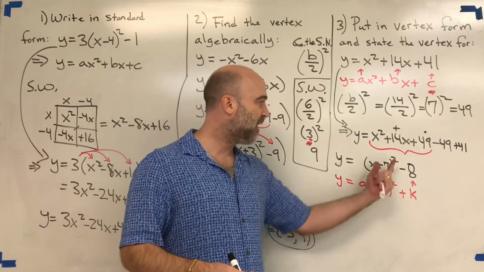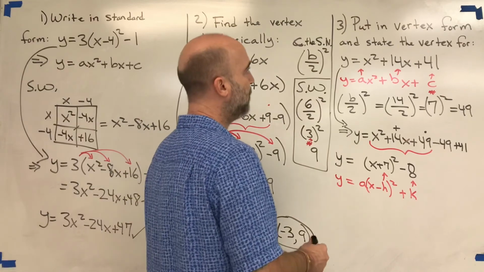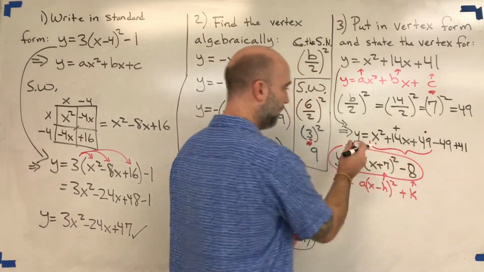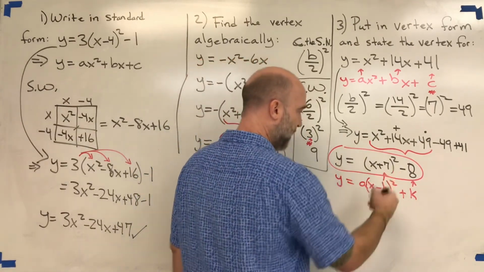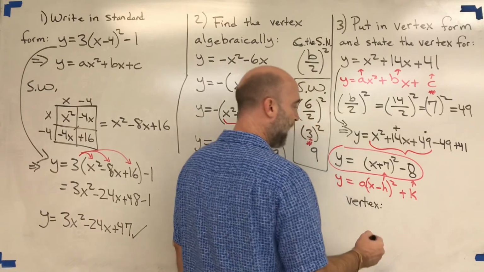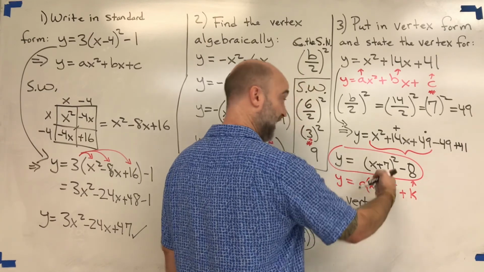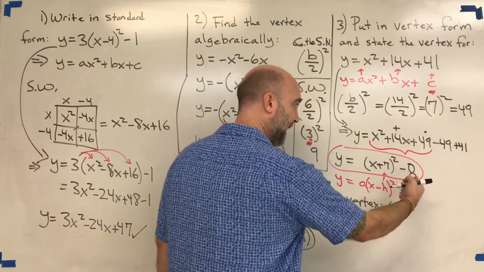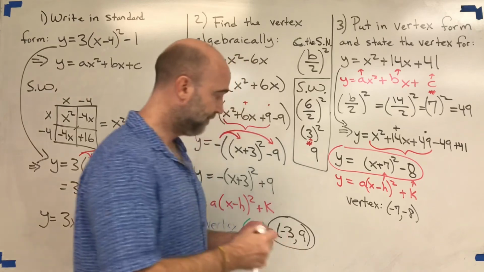So it's easier to plug things in and you're less likely to make mistakes if you have that form. So put in vertex form. There's the vertex form. And then state the vertex. So the vertex is, and it is the h, it is the opposite of that, so it's a negative 7, that's the x value. The k is exactly that, negative 8. All right.